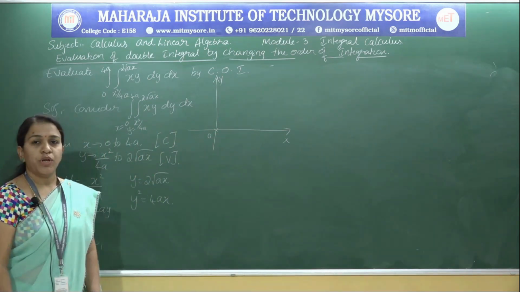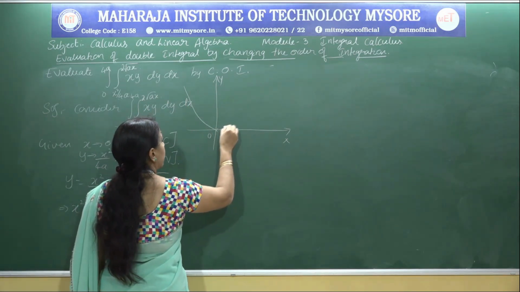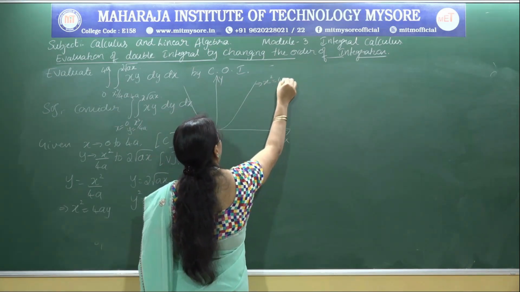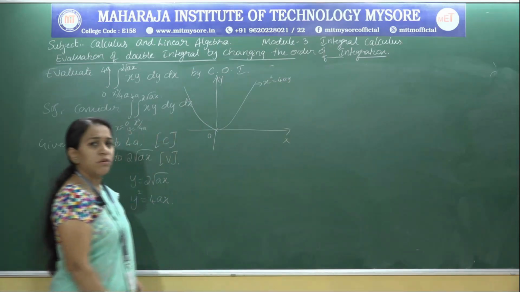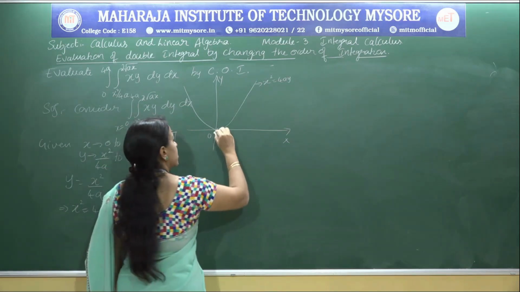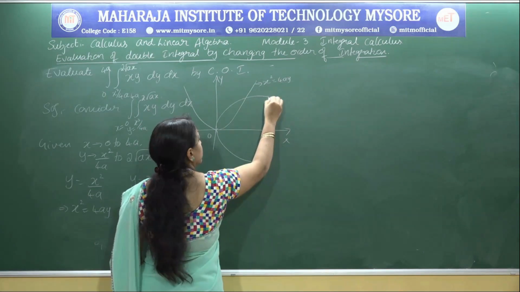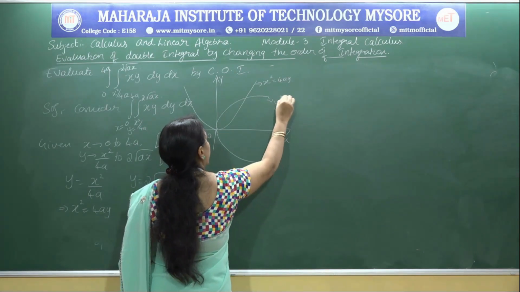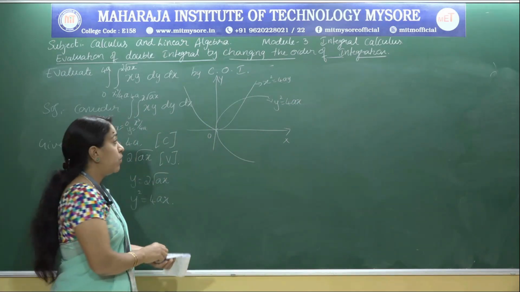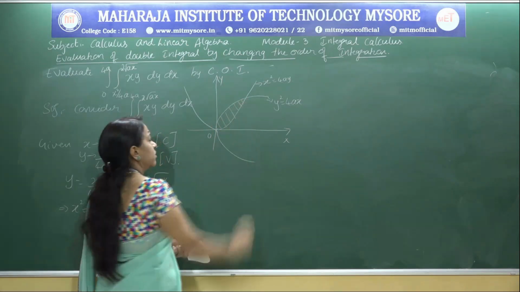So x square equal to 4ay is a parabola which is symmetric about the y axis. This is our x square equal to 4ay. Another one, y square equal to 4ax is a parabola which is symmetric about the x axis. So this is our y square equal to 4ax. Therefore, the bounded region is this one. This is our bounded region.